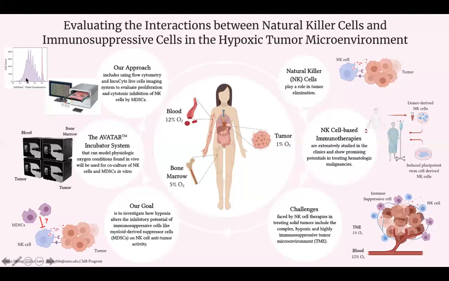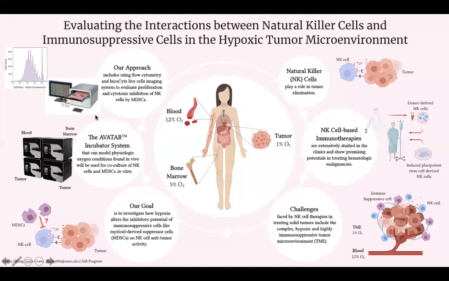On the left here is an example of a flow analysis that shows fluorescently labeled NK cells assessed by dye dilution, which corresponds to proliferation. So basically, these peaks here are showing each generation of proliferating NK cells.